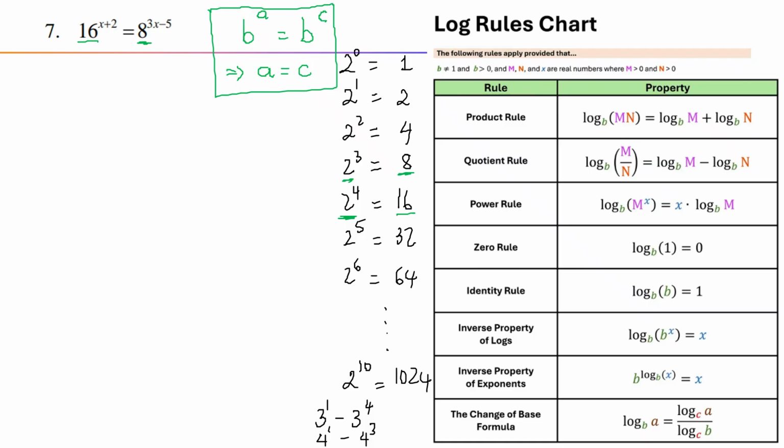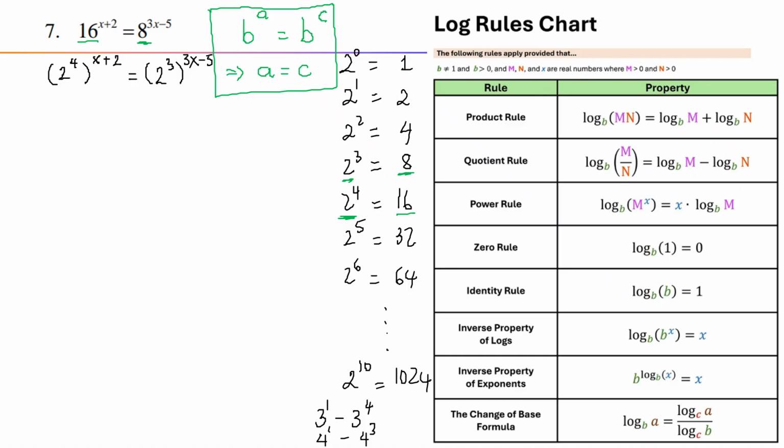So 16, I will write inside parentheses, and I rewrite the exponent x plus 2, equal, instead of 8, I make a parenthesis and copy down the exponent. Now we see that 16 is 2 to the power of 4, so I write 2 to the power of 4. And 8 is 2 to the power of 3.